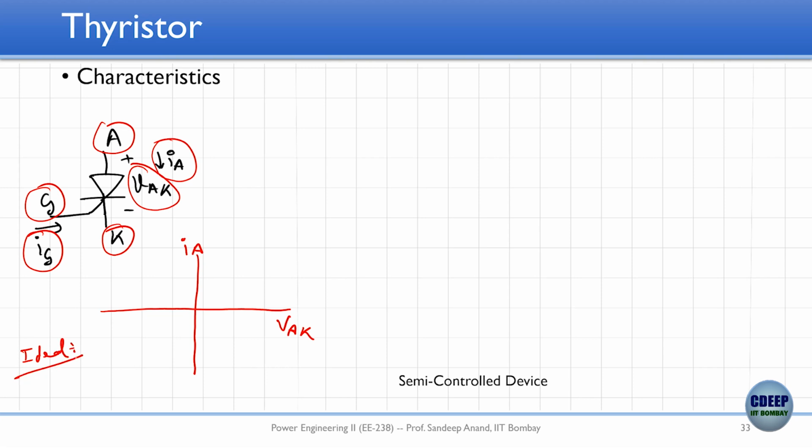If I don't apply the gate current, then the anode and cathode terminals are like an open circuit. Current cannot flow from anode to cathode, and from cathode to anode current can never flow anyway. Only from anode to cathode can current flow, but if I don't apply gate current, there is no possibility.